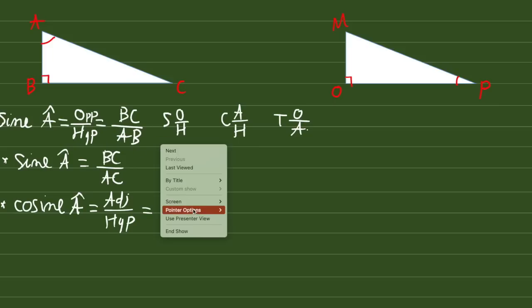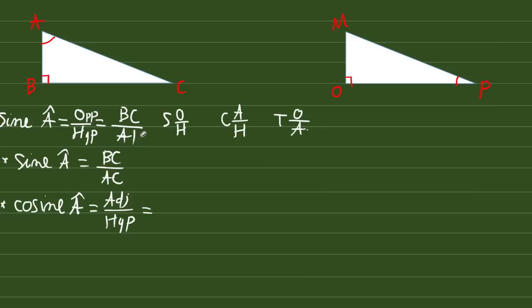So cosine A is adjacent over hypotenuse: the adjacent is AB, and the hypotenuse is AC.